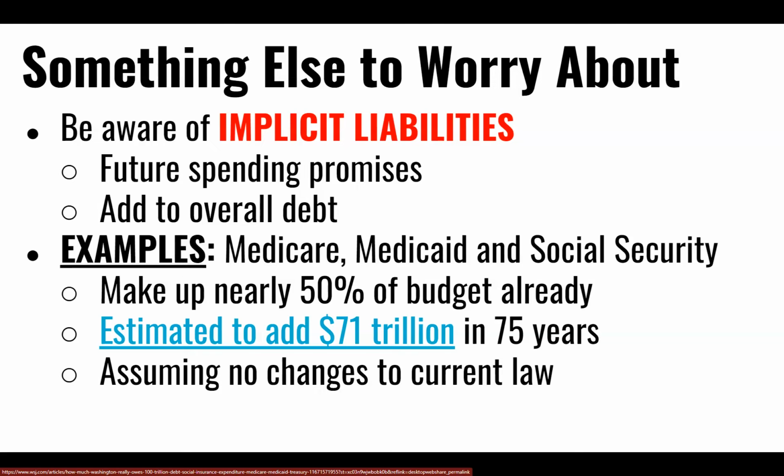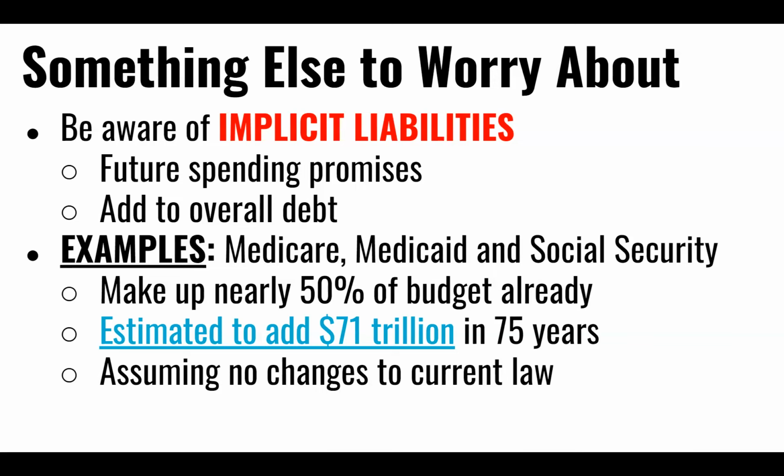And these liabilities, like Medicare, Medicaid, Social Security, currently make up about 50% of our overall budget. And it's been estimated by some economists that we'll need to add an additional $71 trillion in debt over the next 75 years to meet all of the obligations we've made and promises we've made to people just on those programs alone, assuming there's no change in the law.